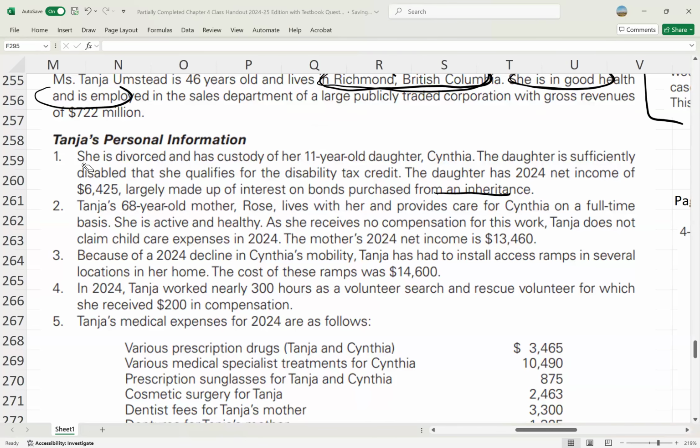Because of Cynthia's mobility decline, Tanya had to install several access ramps in her home and the cost of the ramps was 14,600. So once again, similar to the question that we just did. If you read that in the question, you think automatically that qualifies for the home accessibility, but that amount can also be added for medical expenses.